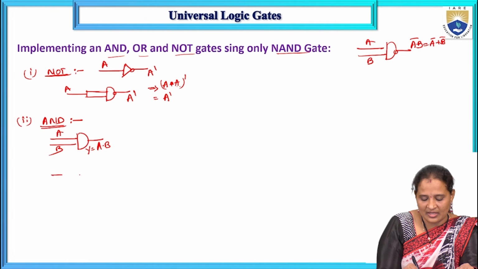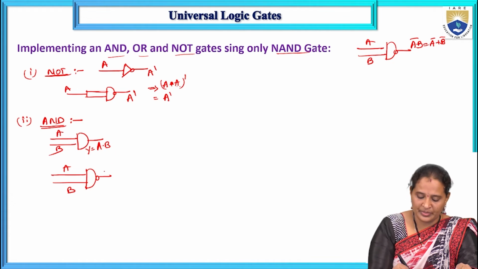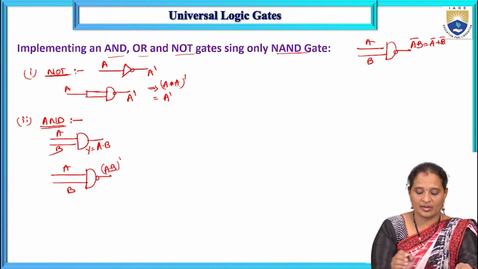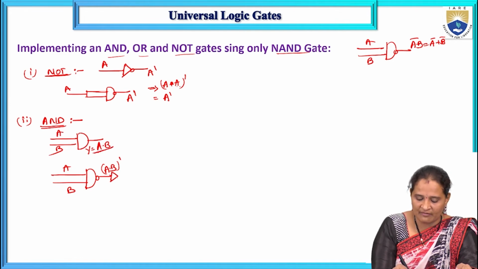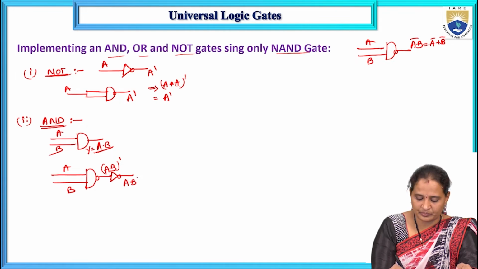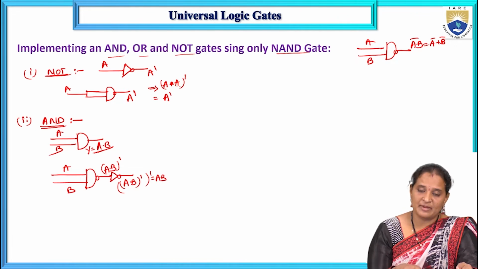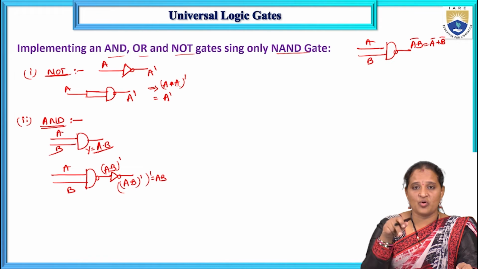If I take a NAND gate with A and B as inputs, the output will be A dot B whole complement. But what I require is A dot B only. So if I give it to an inverter, I'll get A dot B bar whole bar, which is equal to AB. But my aim is to implement the AND gate using only NAND gates.